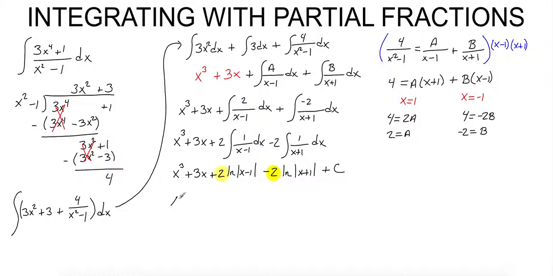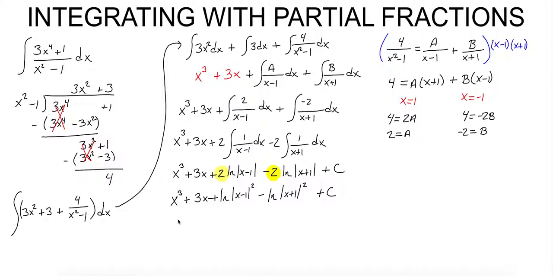That gives us x cubed plus 3x plus natural log of the absolute value of x minus 1 squared, minus natural log of the absolute value of x plus 1 squared, plus c. Okay, and if we keep going, again, we're subtracting these natural logarithms here, and if we subtract the natural logs, we can go ahead and divide them.